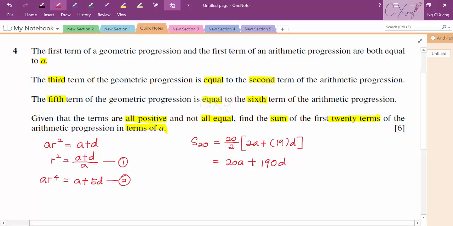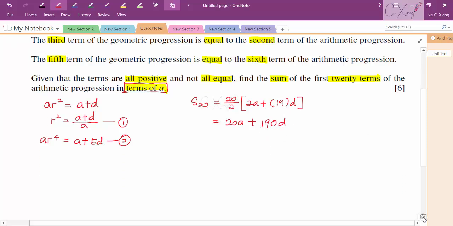If you look at the question, they are asking for the sum of the first 20 terms in terms of A only, but in my answer I have D, which means I have to substitute D using something related to A.